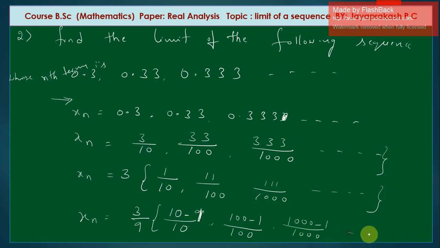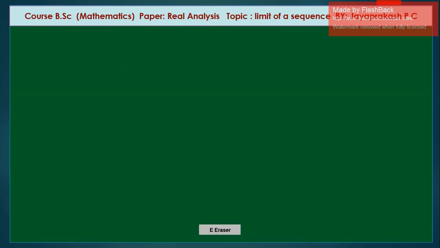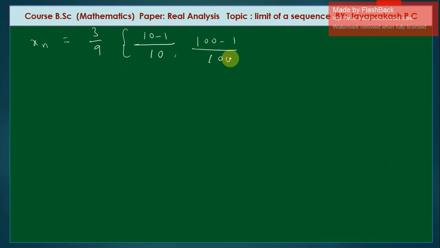So next we take xn equal to 3 by 9 times 10 minus 1 by 10, 100 minus 1 by 100, 1000 minus 1 by 1000.